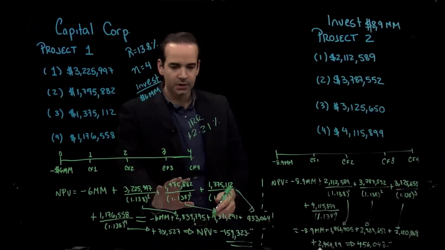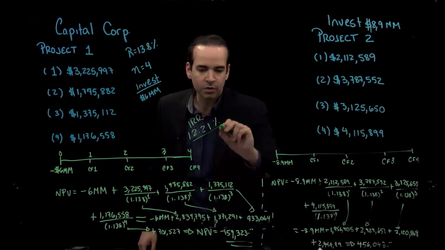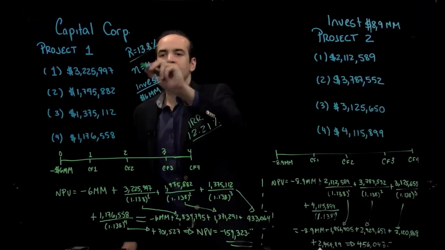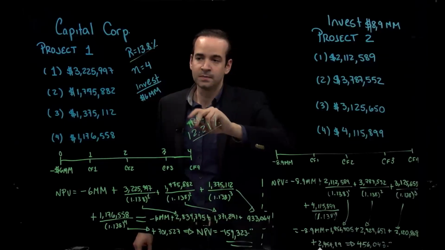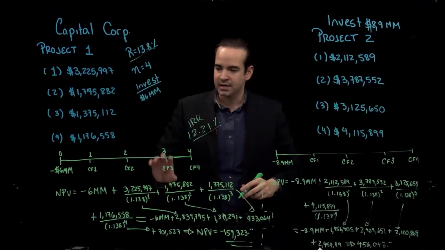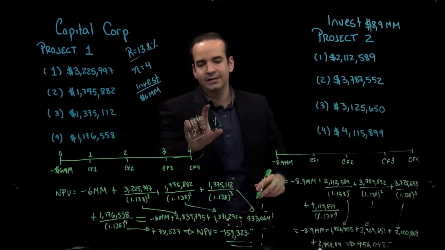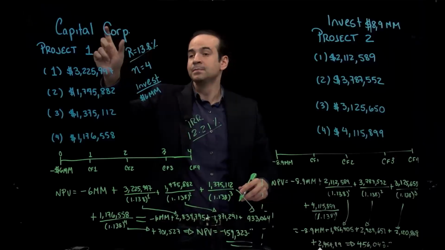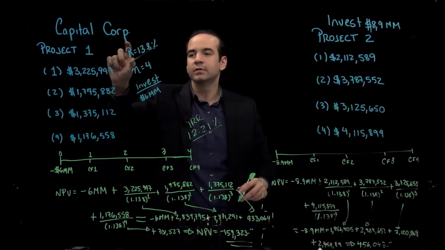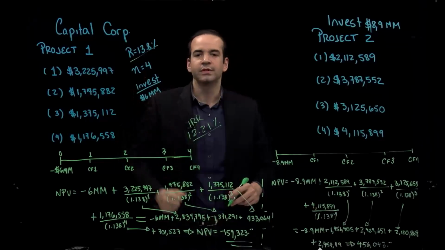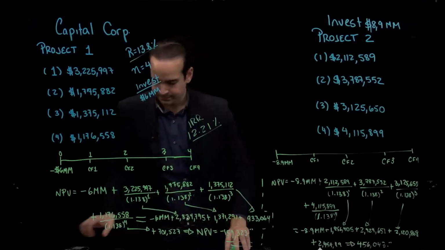So in this particular case, whenever this number is smaller than the discount rate or required rate of return, then we should dismiss the project, because we're not attaining enough to comply with what our investors require, or the discount rate, in other words.